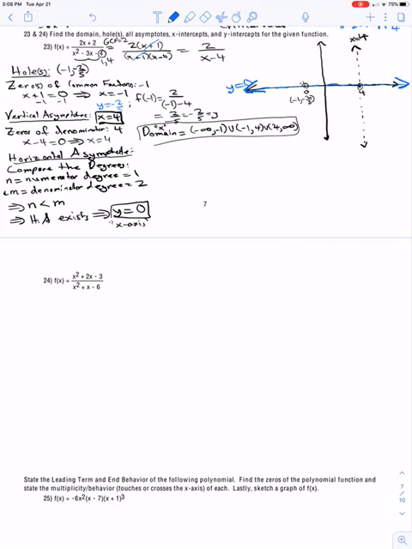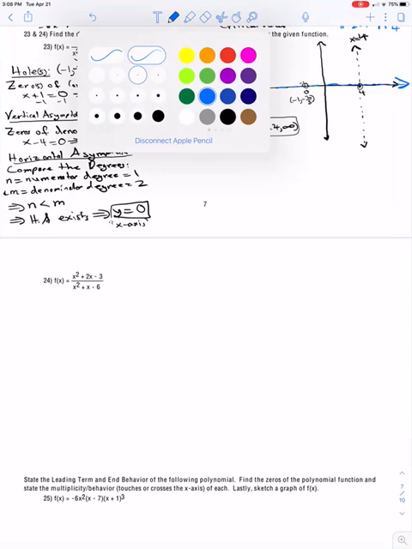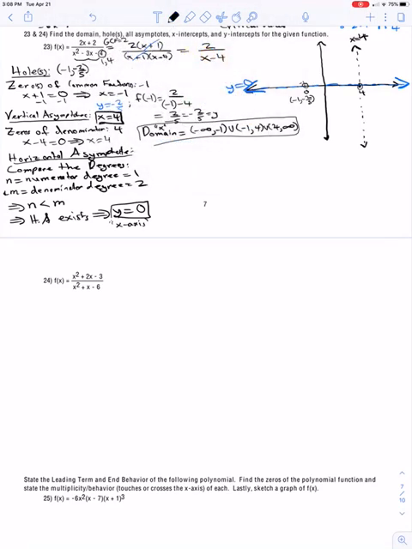All right, and then moving on, let's go ahead and get some quick points on our graph. One thing I want to do is list the intercepts. The x-intercept points are quick points to get. Now, x-intercept points, where your graph crosses the x-axis, are the zeros of your function. So it's when your function equals 0.